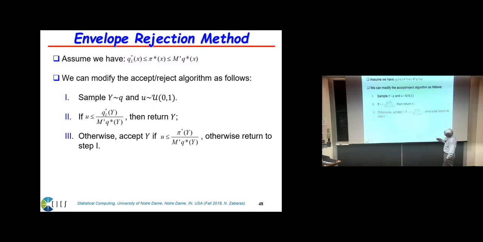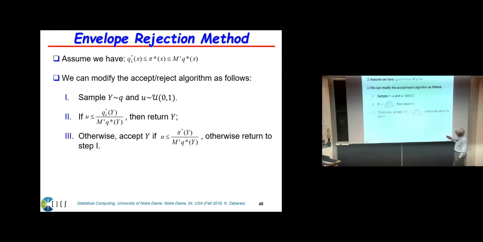And why is that? Because QL star, isn't it less than pi star of Y? QL star is the lower bound, so it's less than pi star of Y. And you may say, okay, I see this, if this holds, you accept Y. If not, you are actually going to go and do the real checking, which is here.